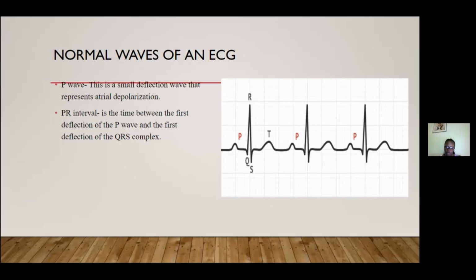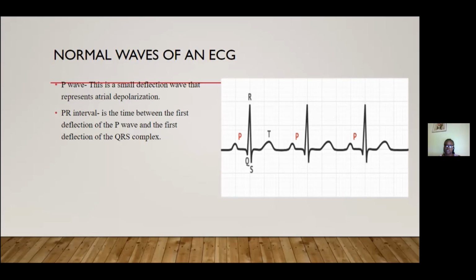The R wave reflects depolarization of the main mass of the ventricles. Hence, this is the largest wave. The S wave signifies the final depolarization of the ventricles, and this is at the base of the heart.